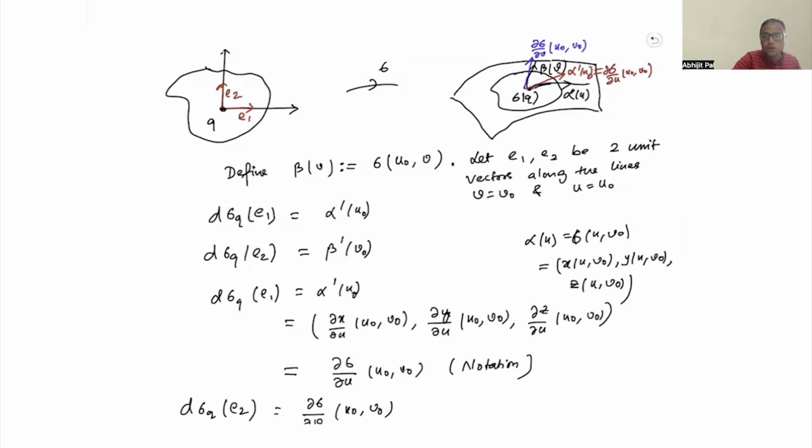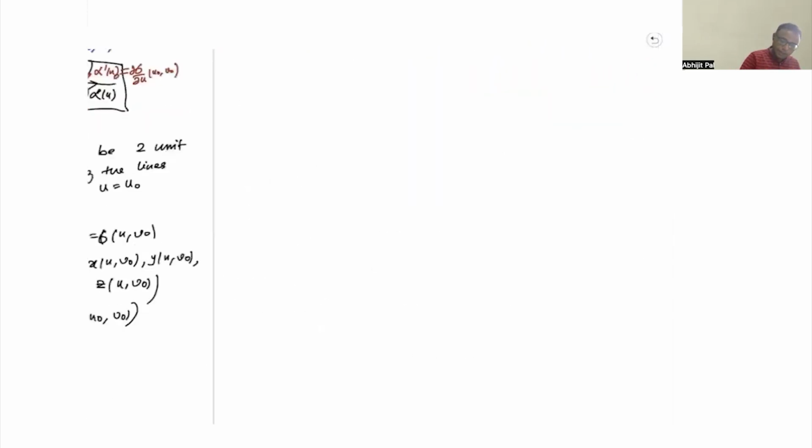Note this thing: we have taken d sigma to be injective. This tells you that these two vectors, del sigma del u and del sigma del b, are linearly independent of each other, and they will generate a plane, which we will call the tangent plane.